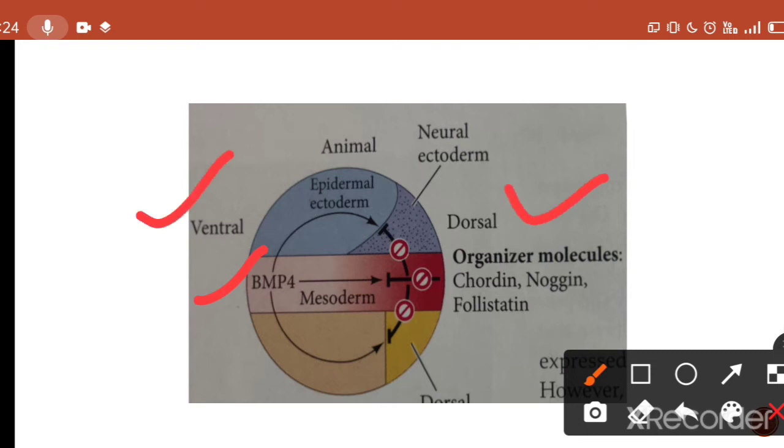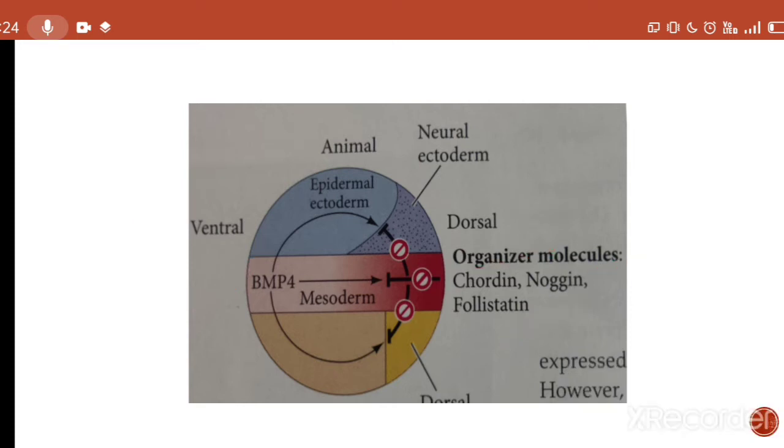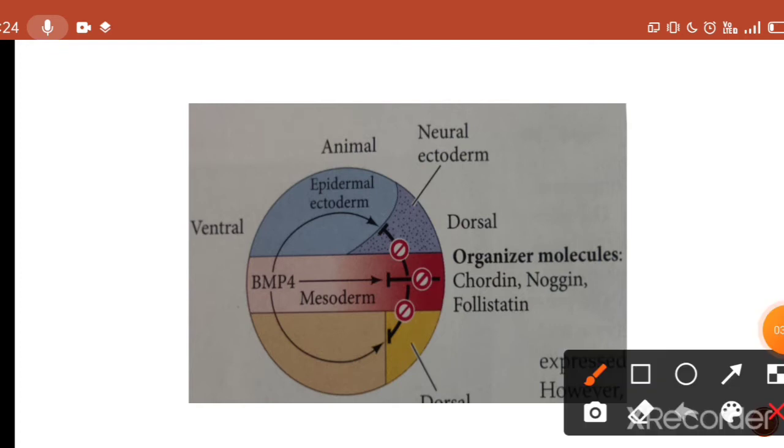So these organizing molecules, like the transcription factor goosecoid and the inhibitor molecules chordin, noggin, and follistatin, are induced by Siamois and Twin. These prevent the transcription of BMP4 in the dorsal region of the embryo, so they restrict the expression of BMP4 to the ventral lateral marginal zone.